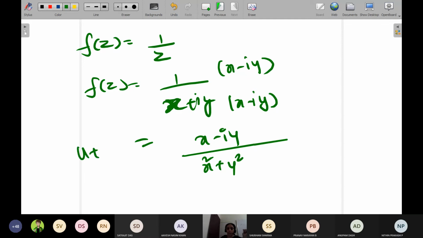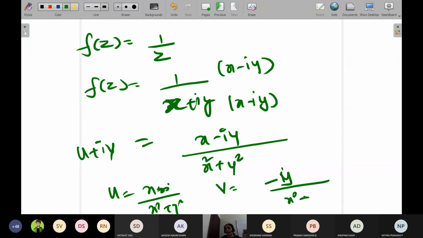And what about your function? It is u plus iv. What is your u? U is x by x square plus y square. And what is your v? V is minus y by x square plus y square.